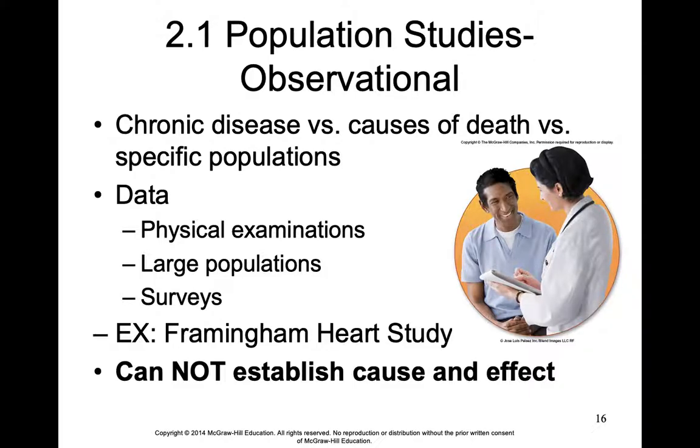From that, they were able to identify a number of different risk factors for heart disease specifically, because that's what they were looking for. And that study was such a landmark, huge success as far as identifying health disease risks that it's actually still going on.